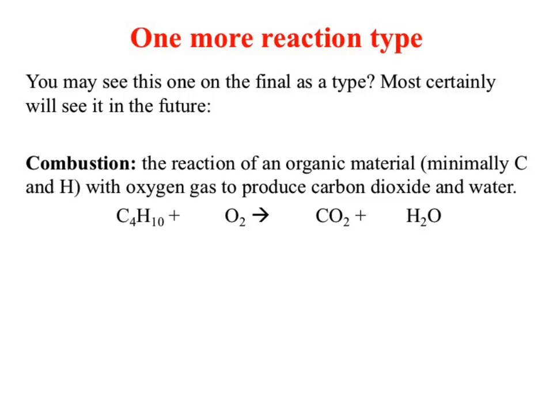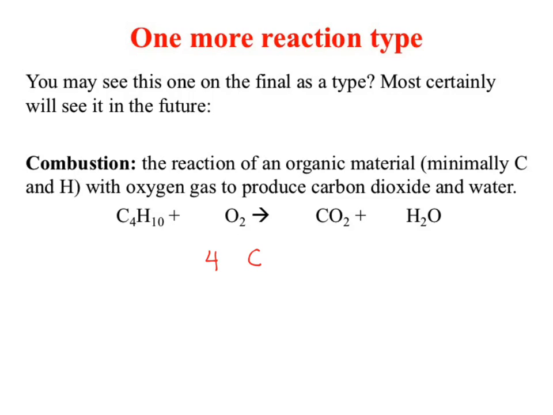The part that the combustion reaction really becomes tricky with is actually balancing it. So let's go through and take a look at balancing. How do we start? Probably carbon. How many carbons on the left-hand side of the equation? 4.